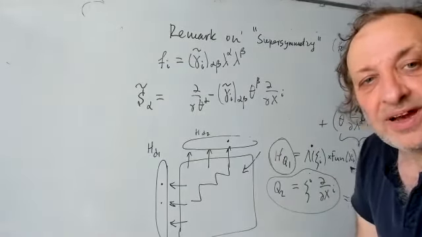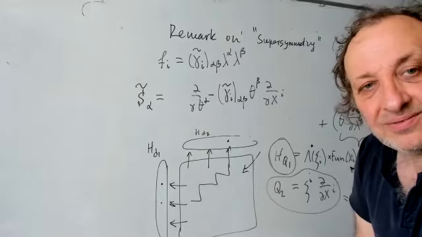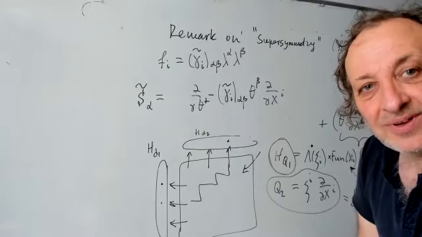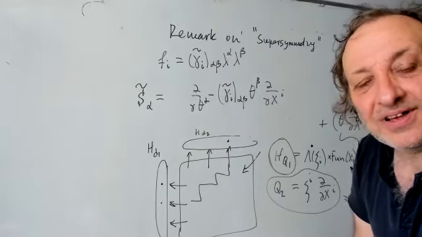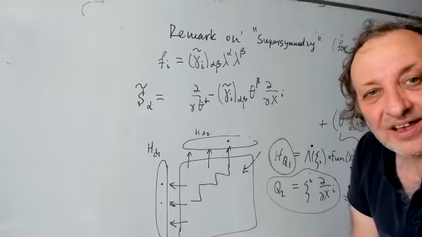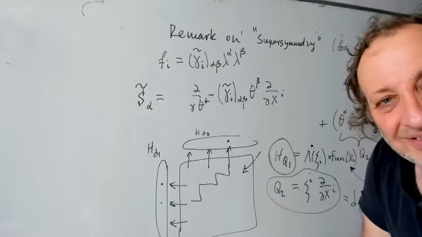So one may ask a question. How could it be that there is kind of a supersymmetry for Chern-Simons?